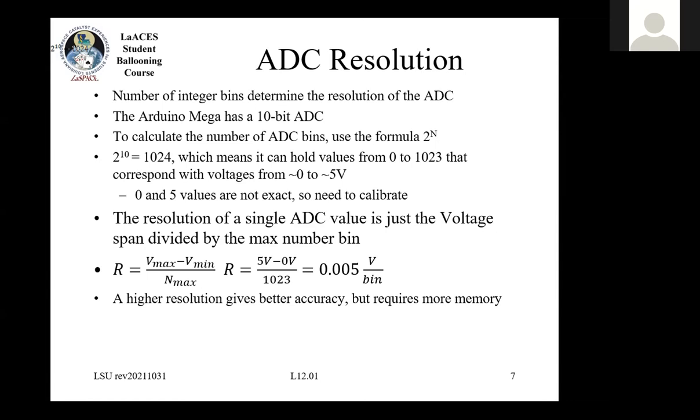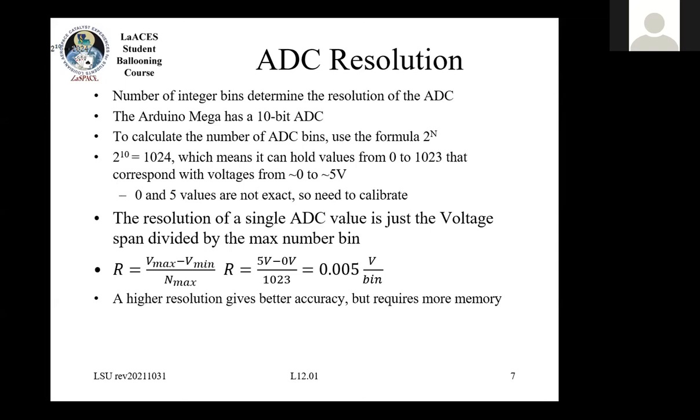So in this case, 5 minus 0 over 1023. So in particular, that gives me a resolution about 0.005 volts per bin, right? So each little step is 5 millivolts wide.